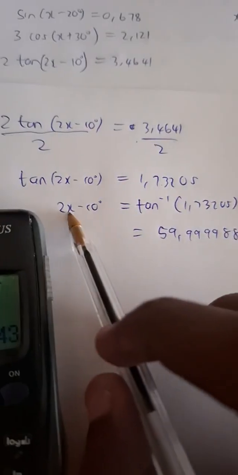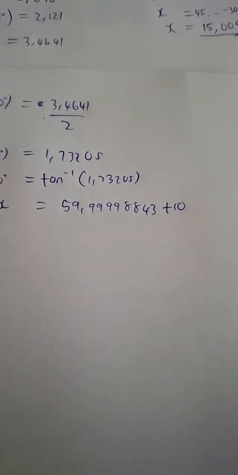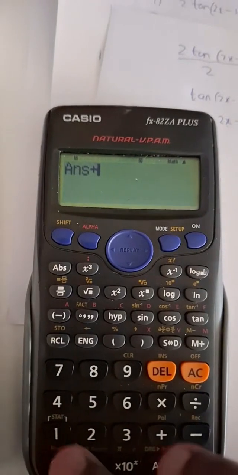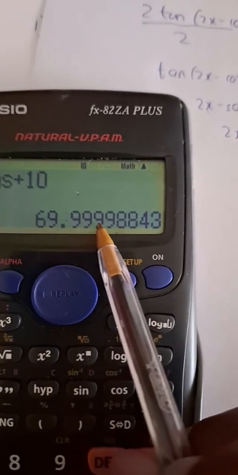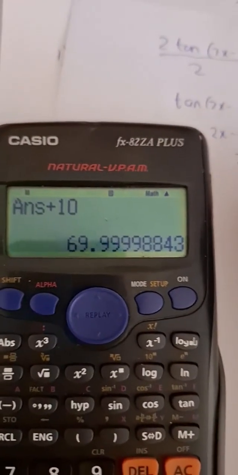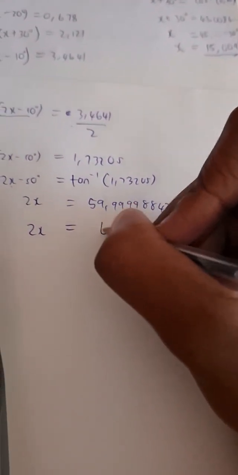Then I know that what we are going to do is transpose the 10. That becomes plus 10, so all we are doing is adding the 10. That gives us 69,999. Then after that, we are going to divide both sides of that answer by 2. Do you see that?